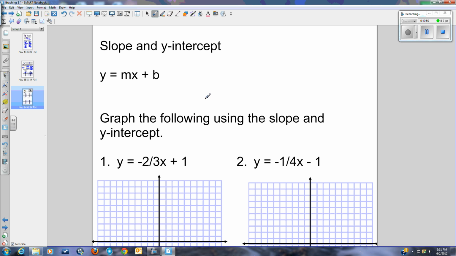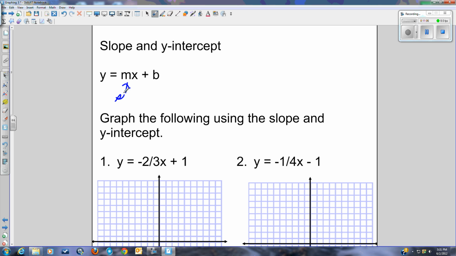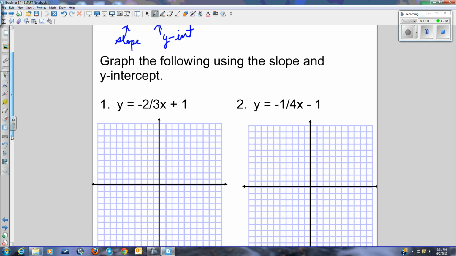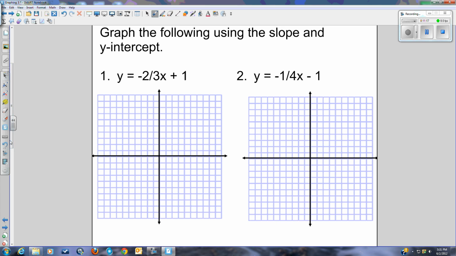Here is slope and y-intercept. Slope-intercept form is written in the form y equals mx plus b. M is your slope, and b is your y-intercept. Now let's use that information to graph these lines. So we have y equals negative 2/3 x plus 1. So here's your y-intercept of 1.